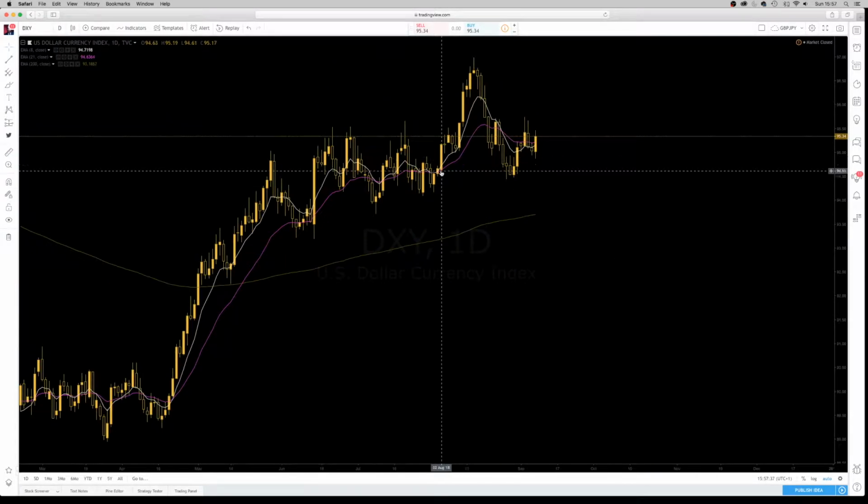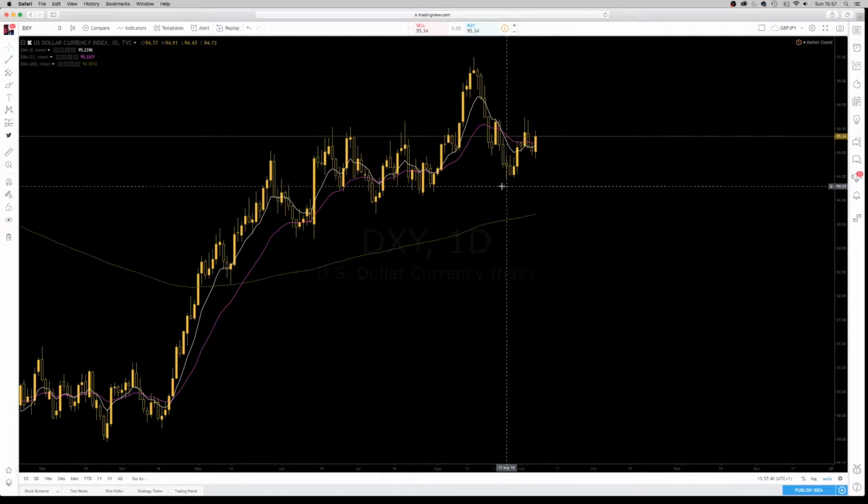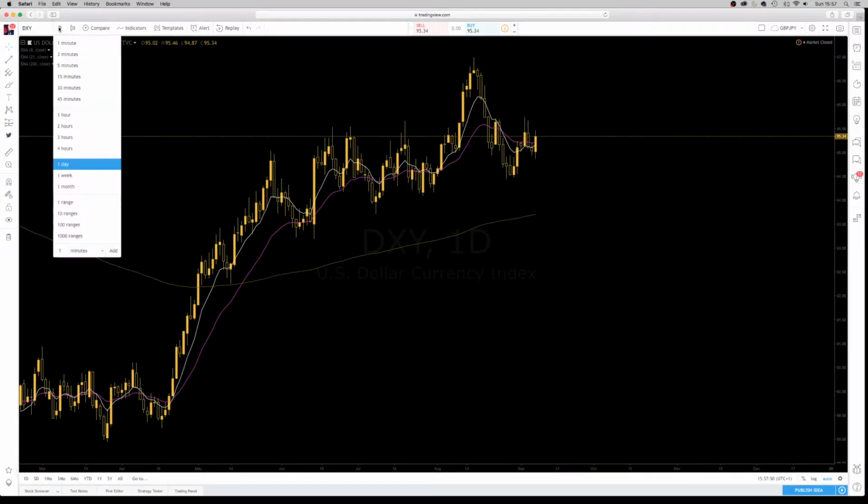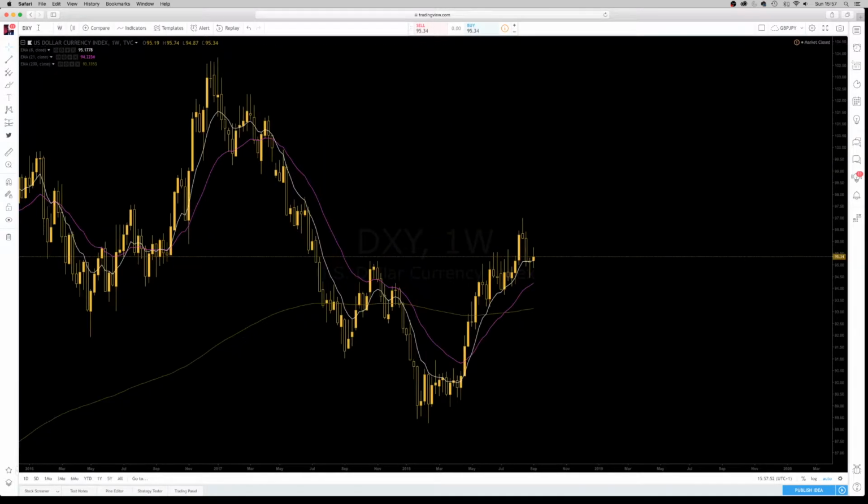On the daily side, again, we could have a potential head and shoulders setting up here if we break the neckline, which I guess would be these lows here around the 94.5 level. That could be interesting.